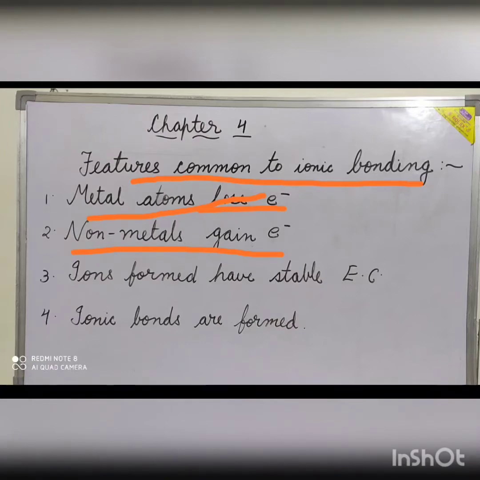In both the cases, ions are formed which have a more stable electronic configuration, that is equal to the noble gas nearest to the ions. Ionic bonds are formed from the attraction between the oppositely charged ions.